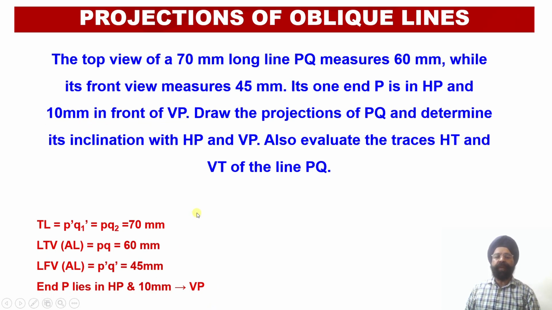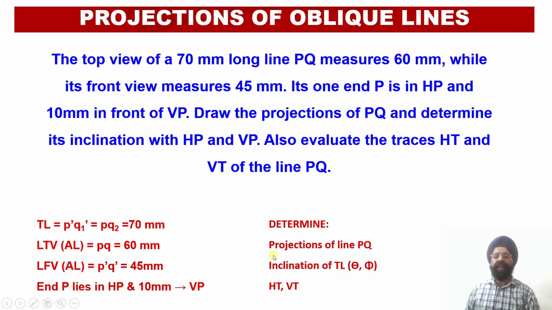Now with this information available regarding the oblique line PQ, we have to evaluate the projections of the line PQ, and the inclinations of the true length with respect to the horizontal plane as well as the vertical plane, that is the angles theta and phi. Besides this, we are also required to locate the traces, that is the horizontal trace and vertical trace of this particular line.